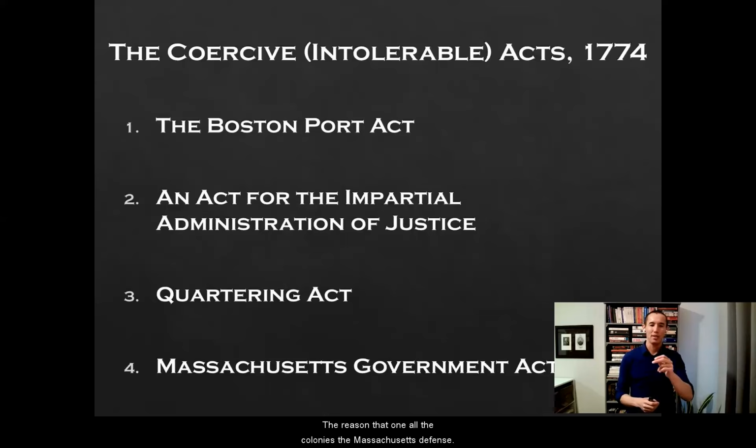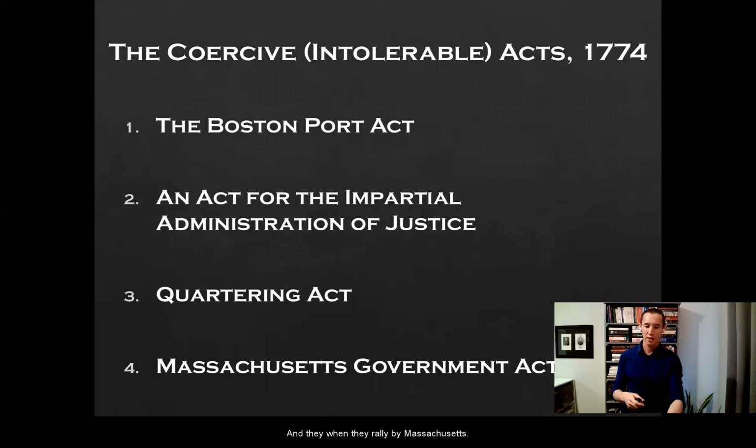The reason that one brought all the colonies to Massachusetts' defense is because if England thought it could take away representative government in Massachusetts, that means England thinks it can take away representative government in all the colonies. It has that right, it has that power. That is what led all the colonies to rally behind Massachusetts.